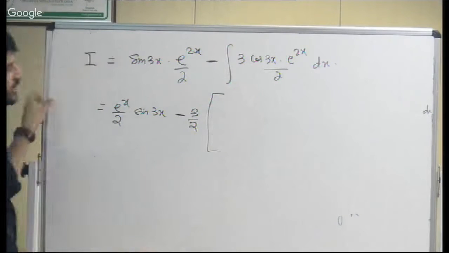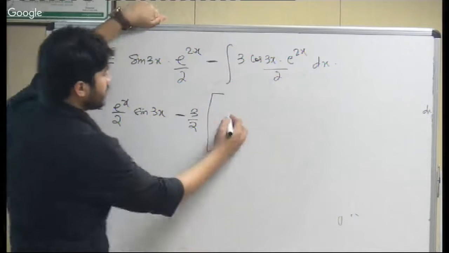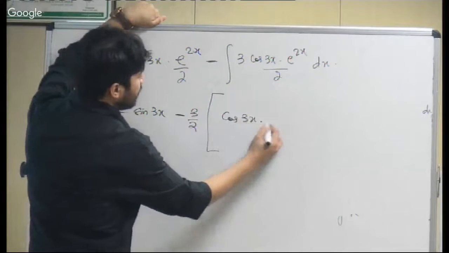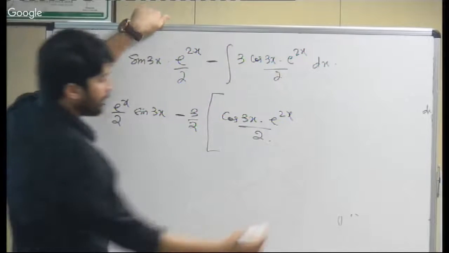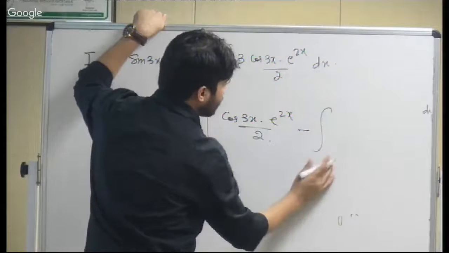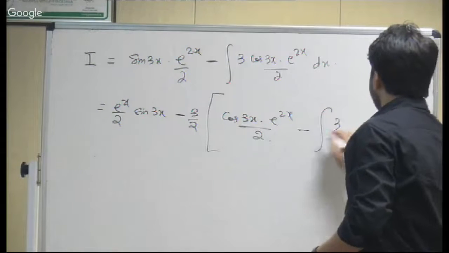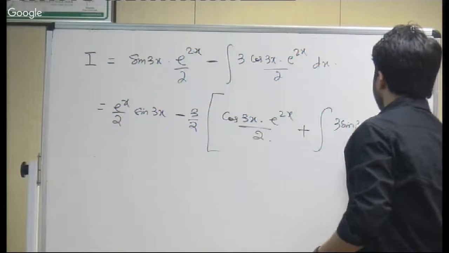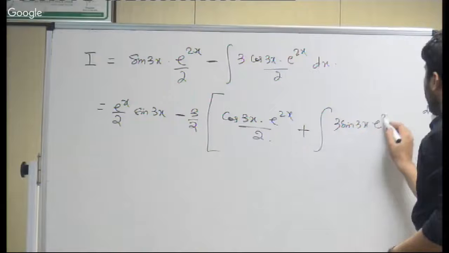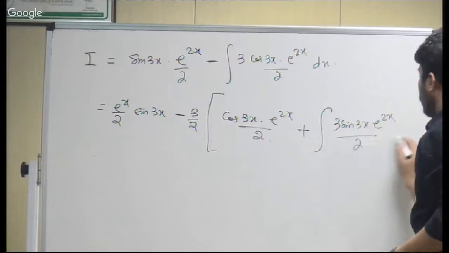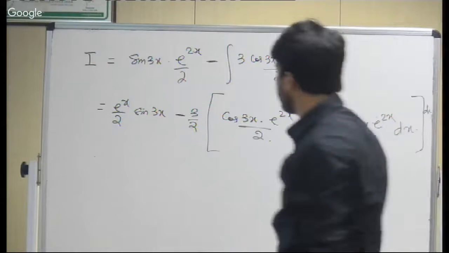Further, I'm going to integrate e to the power 2x into cos 3x dx. So I'm going to take cos 3x into e to the power 2x by 2 minus 3 sine 3x, minus minus plus, into e to the power 2x by 2 dx. So we got the I again.